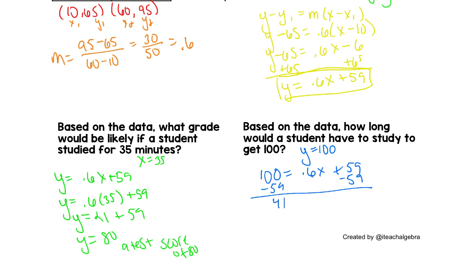We get 41 equals 0.6x. Divide both sides by 0.6. Calculator. And that is 68.3. So to get 100%, you need to study about 68.3 minutes.